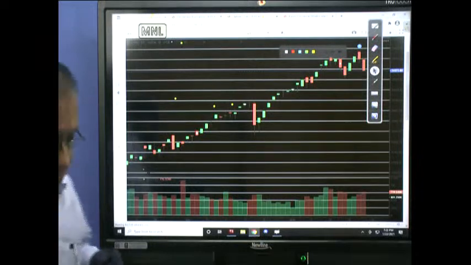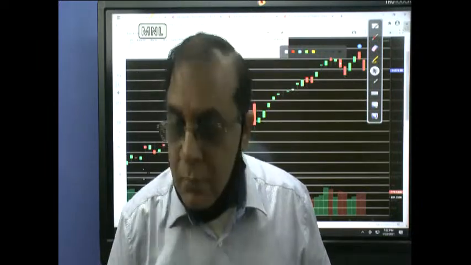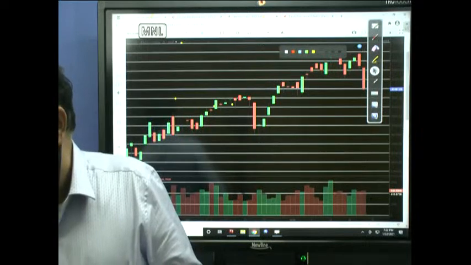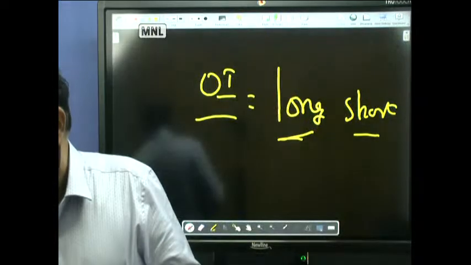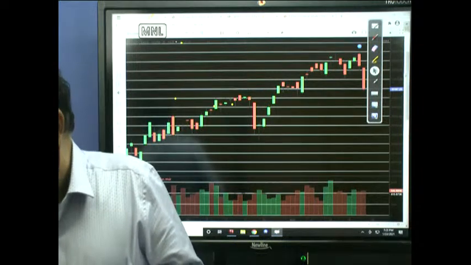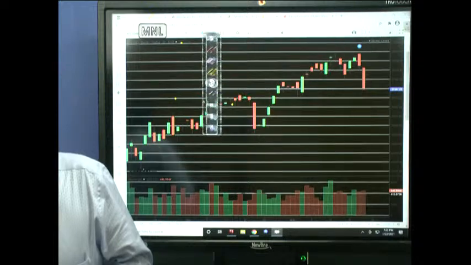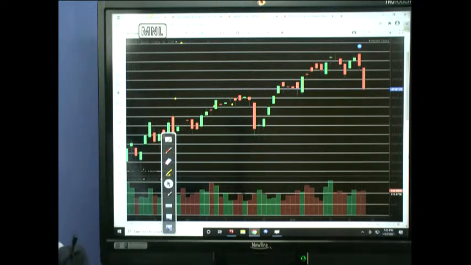So this is Bank Nifty, and today the Bank Nifty fell quite a huge amount.